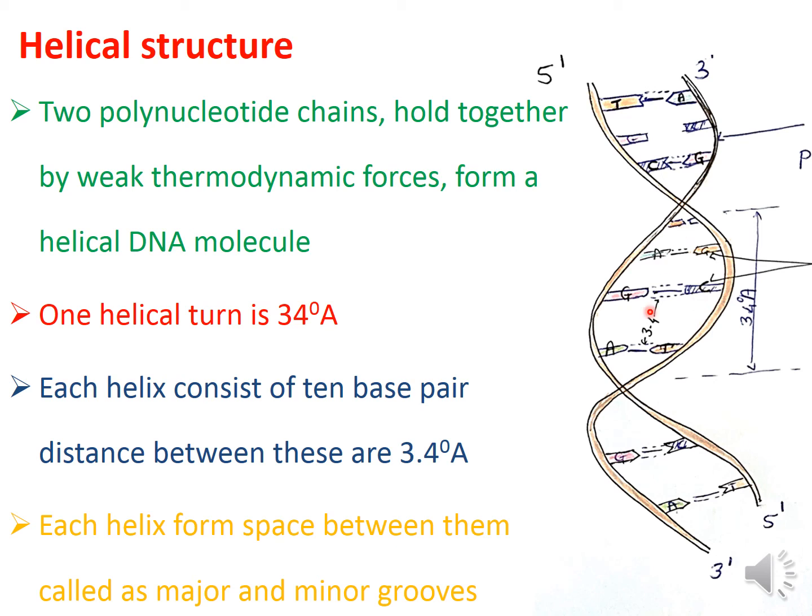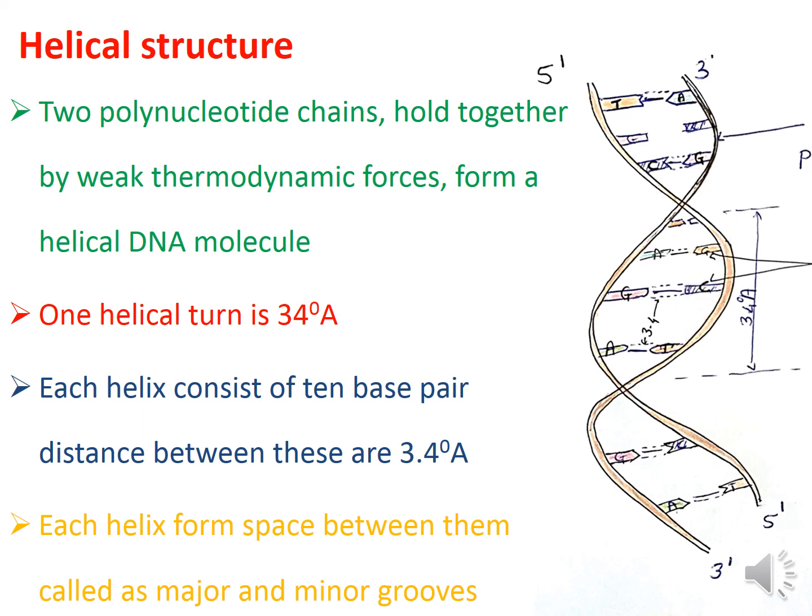This is one helix turn. Each turn has 10 base pairs, that is, 10 rungs, meaning 20 nitrogenous bases in total, and the distance between two base pairs is 3.4 angstrom. So 3.4 times 10 gives 34 angstrom, meaning 10 base pairs are present in one turn.